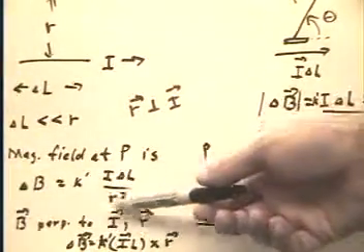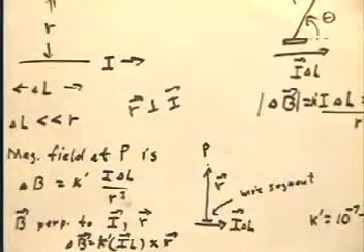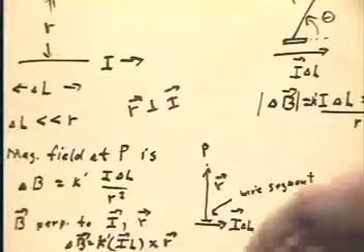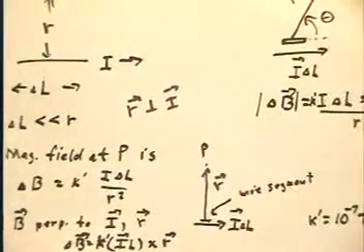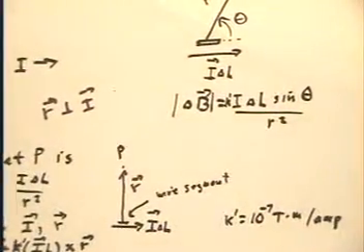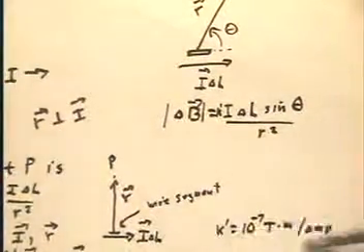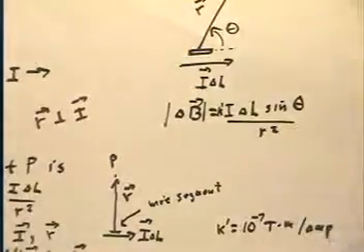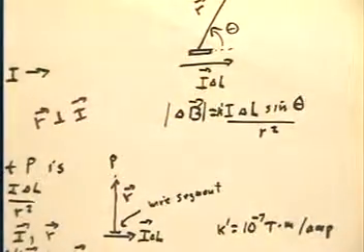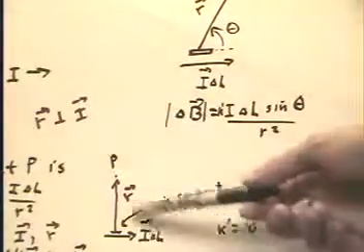So that's amps over meters. We want to get Tesla, so we're going to have to multiply amps over meters by Tesla meters over amps. So that's the correct unit for K prime. I think I wrote that wrong in the notes, and I'll probably have to fix that. In any case, that's the value of K prime, and that's the law.